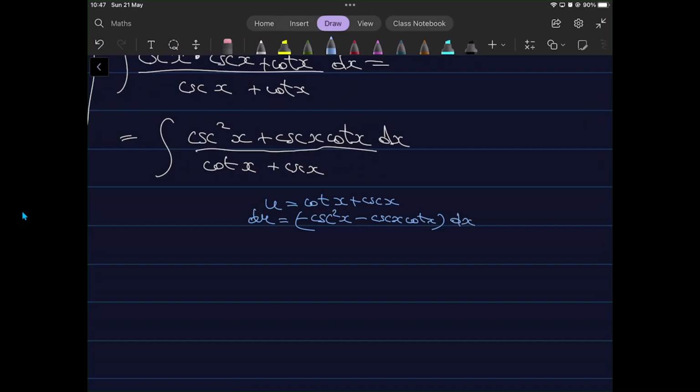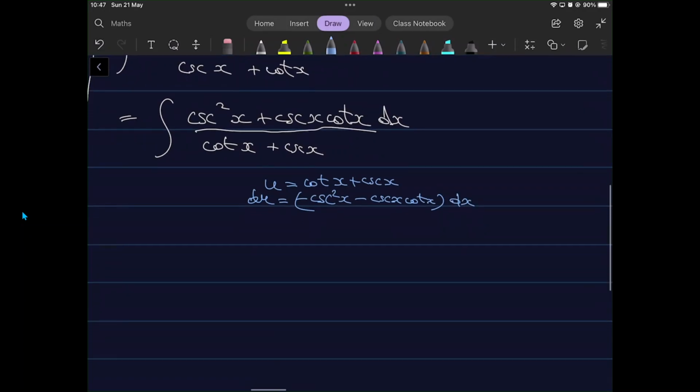And so I can rewrite the right hand side as, you know, put the negative on the outside: cosecant squared x plus cosecant x cotangent x dx. Right? That's all I'm doing. And this means that negative du is equal to cosecant squared x plus cosecant cotangent, of course, dx.